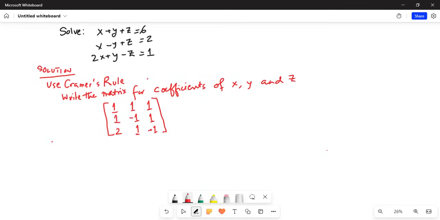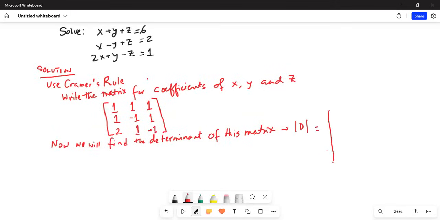Now we will find the determinant of this matrix. Let's call the determinant D, which is basically the determinant of 1, 1, 1, 1, minus 1, 1, and 2, 1, and minus 1.